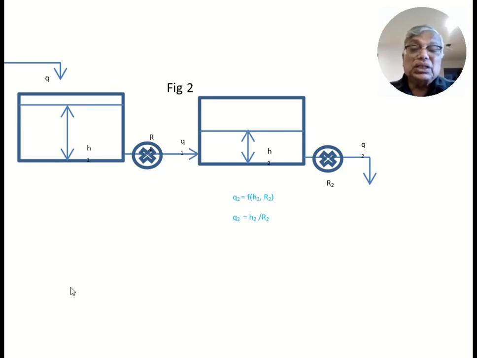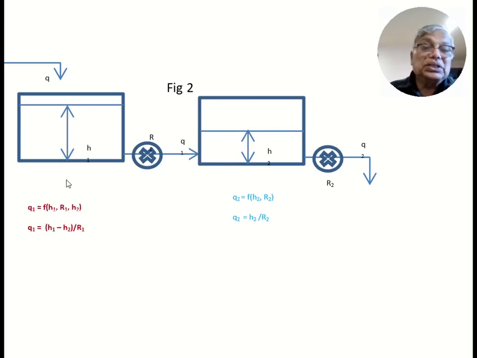Now let us see how the flow depends on the head and resistance. For the second tank, Q2 is a function of H2 and R2 as before. A simple case, Q2 equals H2 by R2, linear.